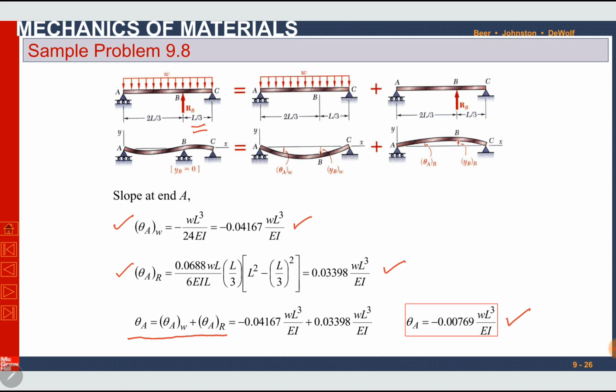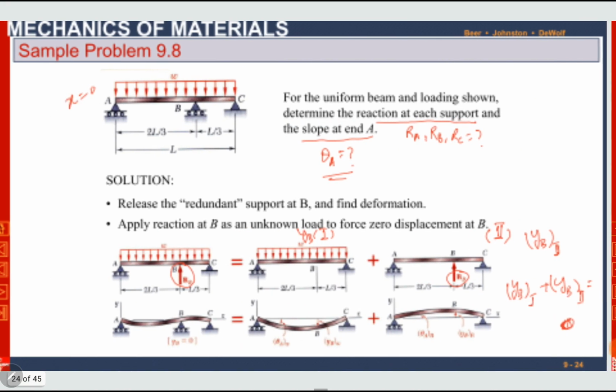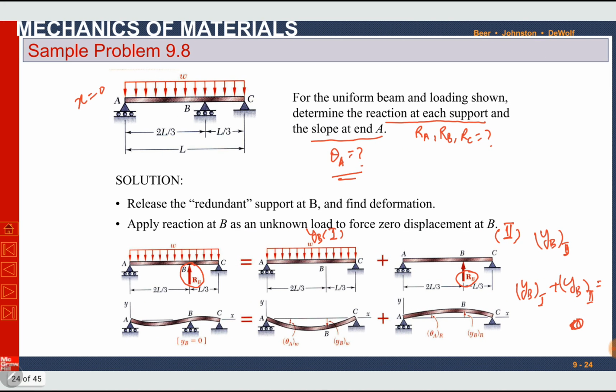So what we did is, we supposed RB as a redundant reaction. We removed it and calculated deflection at point B under load W, and then we applied RB as a load and calculated deflection at B under this load RB.